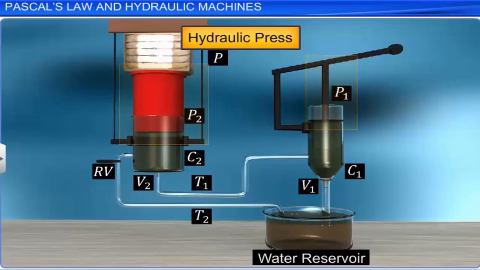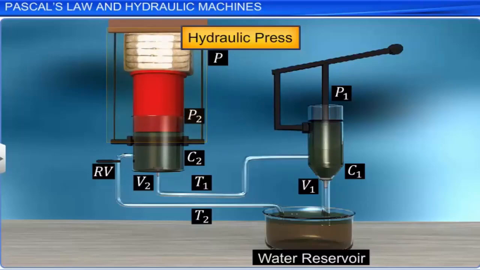Tube T2 connects the cylinder C2 with a water reservoir through a release valve, RV. Piston P2 is a platform at the top of which the substance to be compressed is placed. Piston P1 is raised upwards by the application of force F, at the handle edge of the lever.